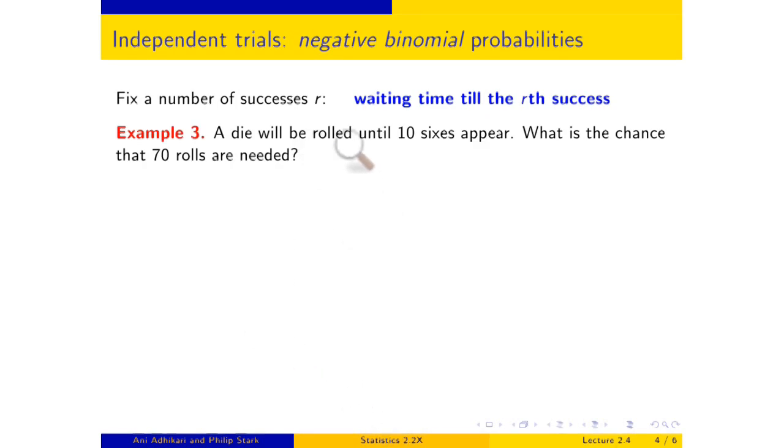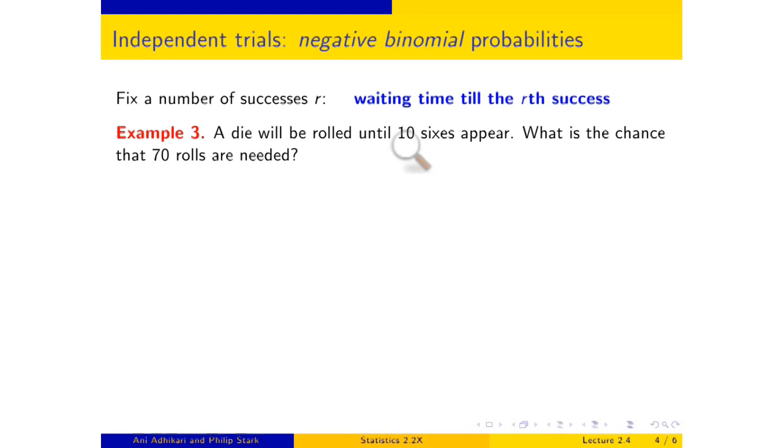I'm going to roll the die until 10 6s appear. I'm not satisfied with 1, I want 10. So R is 10. Well, if I want to wait till 10 6s, I'm going to have to roll for a while, and the question I'm asking is, what is the chance that I need 70 rolls? Do we know how to answer this?